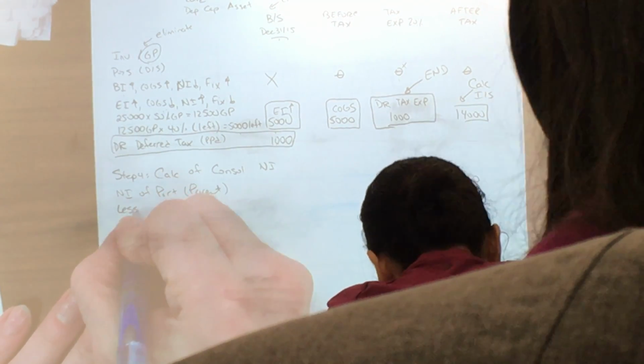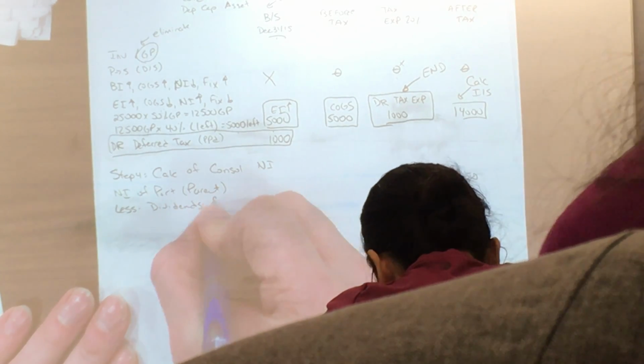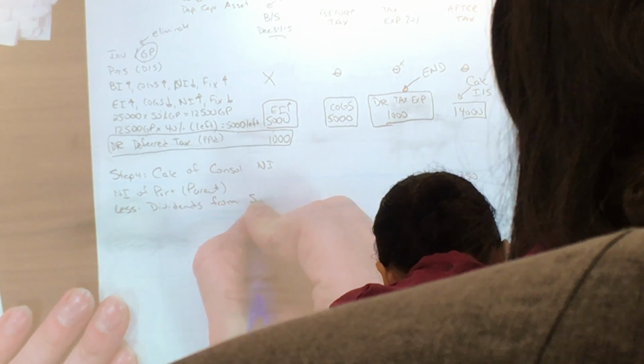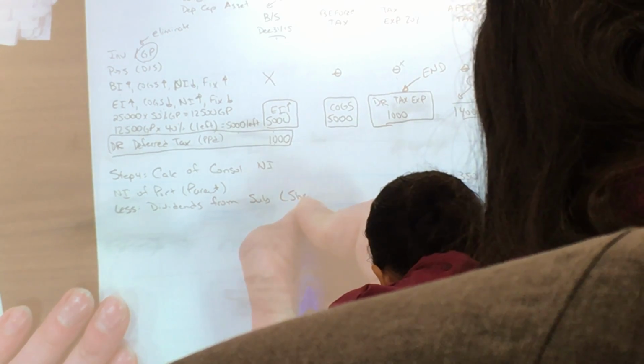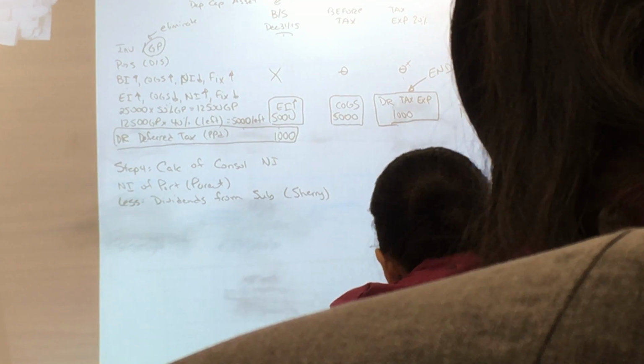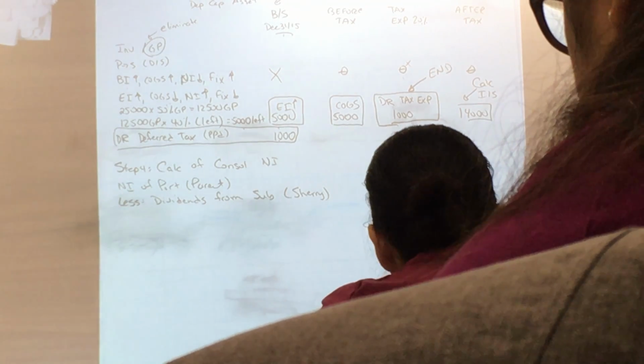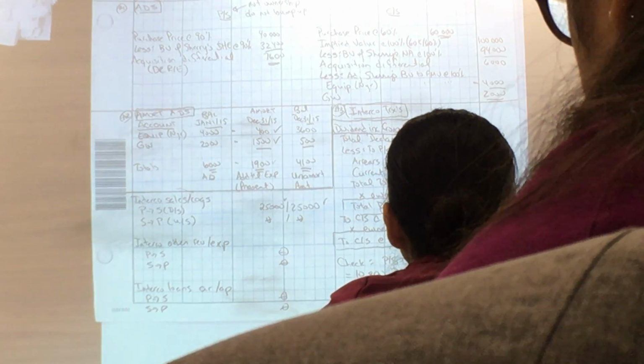So less dividends from whom? Right, from our sub, which is Sherri. Okay, we're getting rid of Sherri's dividends. Well, how much did we calculate the dividends to be? Well, 15 was the total.